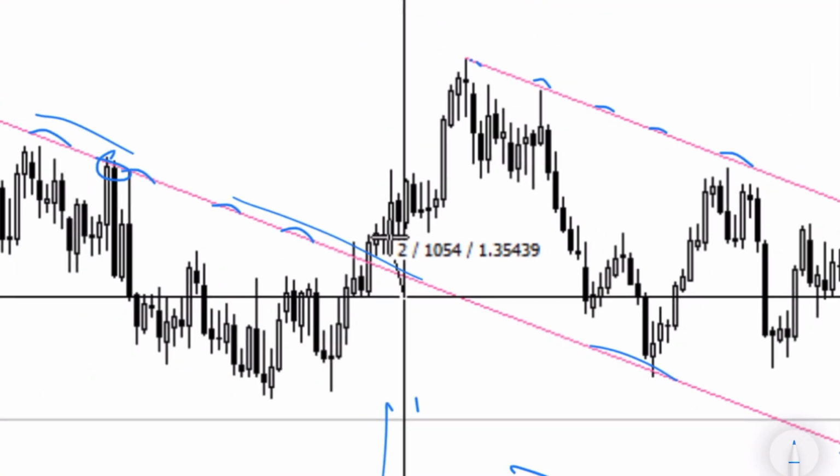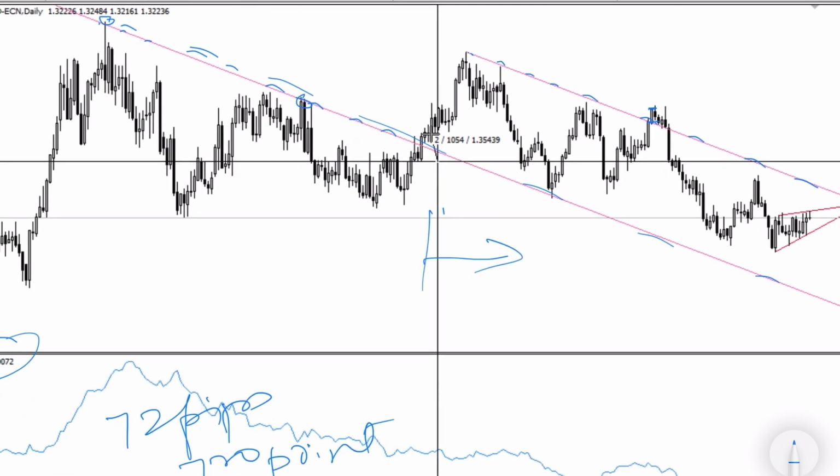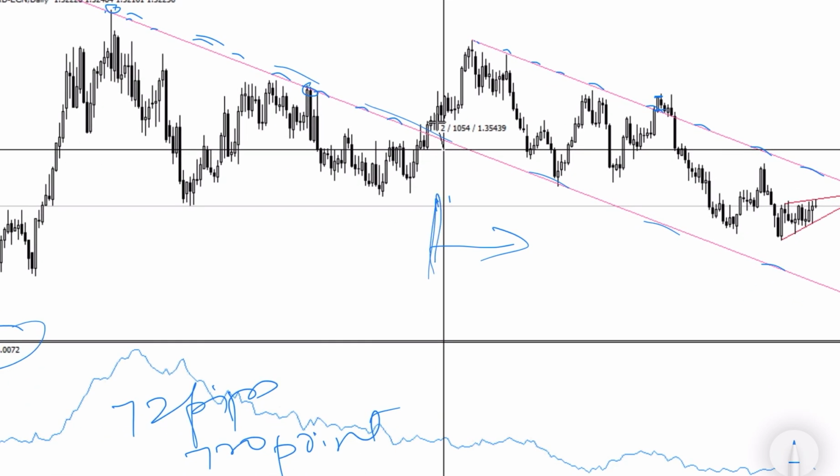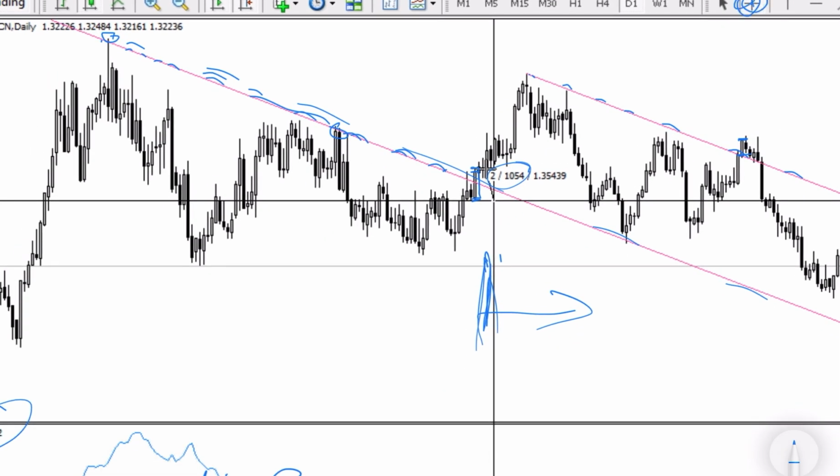If you look at the breakout here of this trend line to the upside, before this time this was the trend line, which was broken by this candle, which started here and closed here. The total size of this candle was 105.4 pips, which I already measured using the crosshair. This tool is called the crosshair.